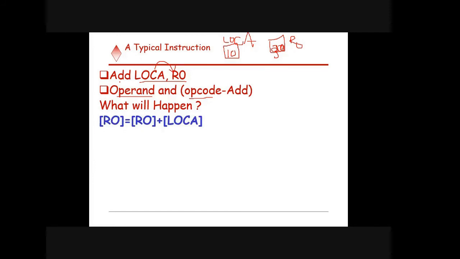The square bracket represents the content. So it mentions the content inside location A, and square bracket of R0 indicates the content inside R0. Both will be added and the result will be stored into R0. Clear?